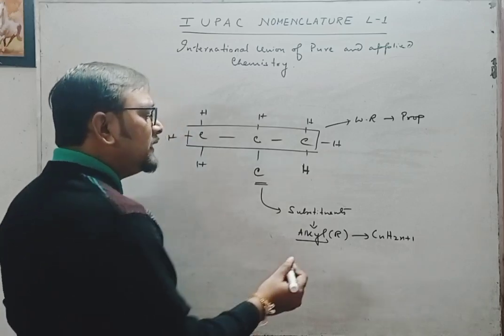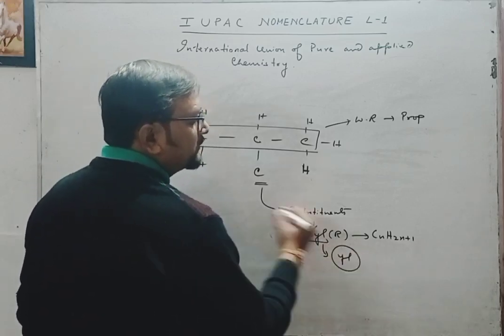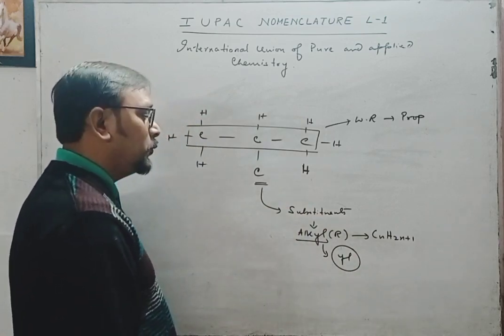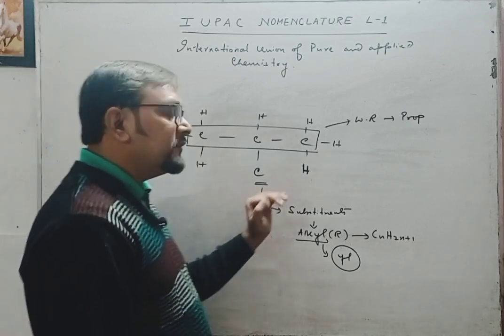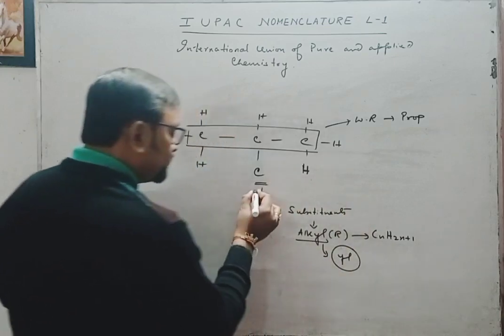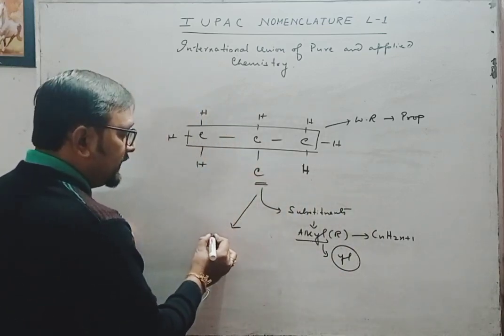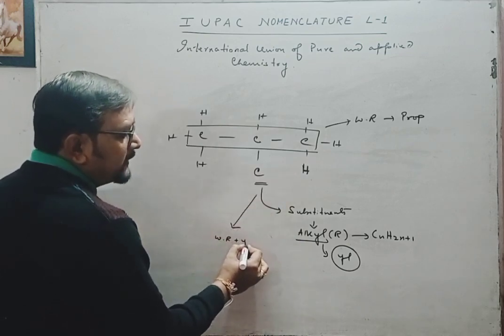For this we will be using another suffix, YL. For the substituent we will be using the suffix YL. Now, how to name a substituent? It's very simple. First find the number of carbons, then for the substituent it is word root plus YL.